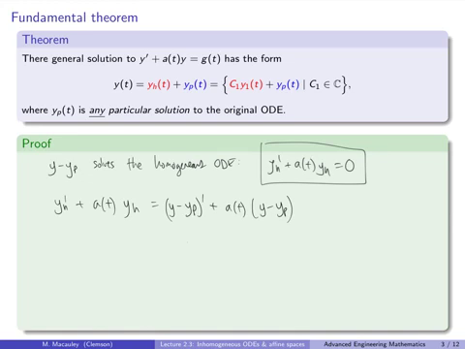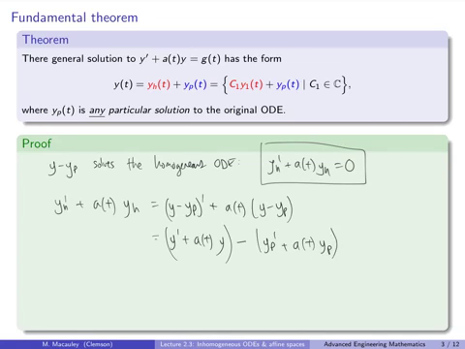Now let's rearrange things a little bit. I'm going to put the y's together, so this is y prime plus a of t y, and this is minus yp prime plus a of t yp.